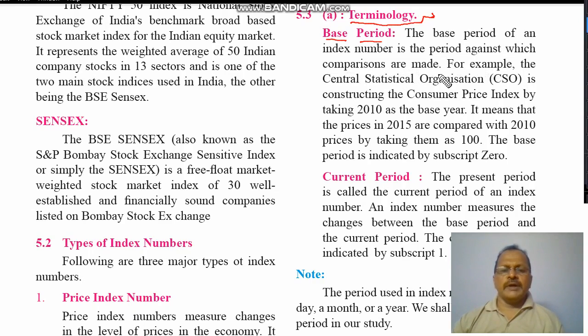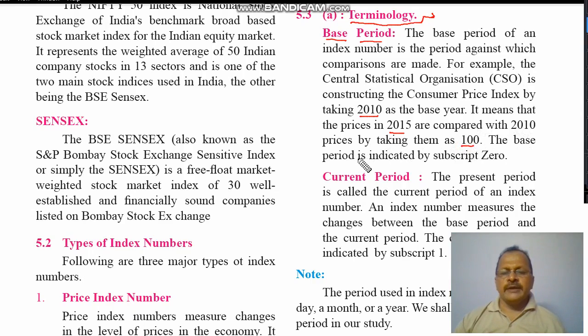For example, the Central Statistical Organization CSO is constructing the consumer price index by taking 2010 as the base year. It means that the prices in 2015 are compared with 2010 prices by taking them as 100.